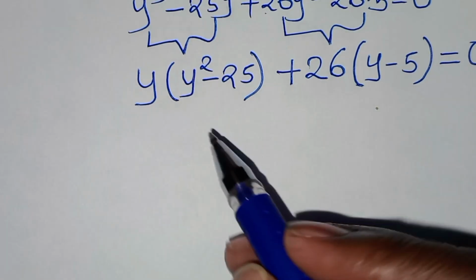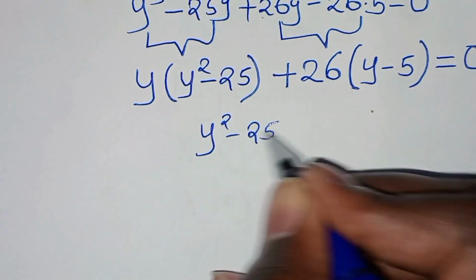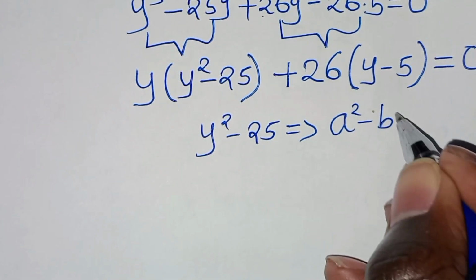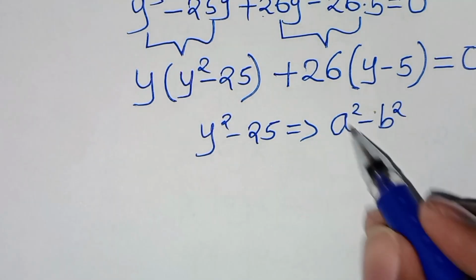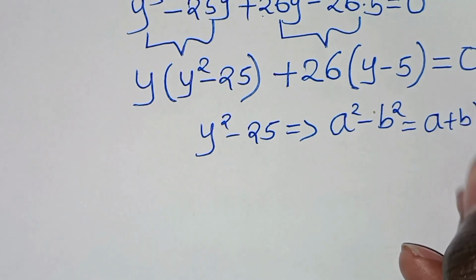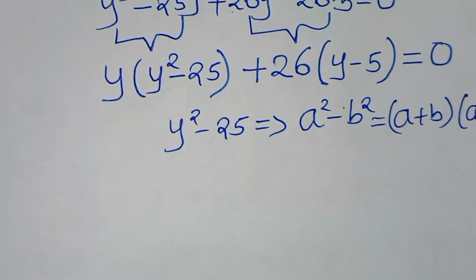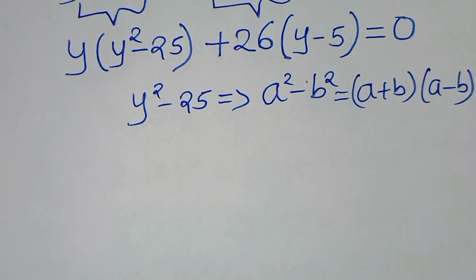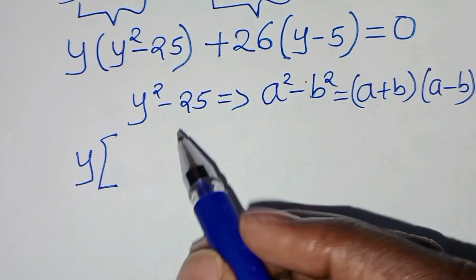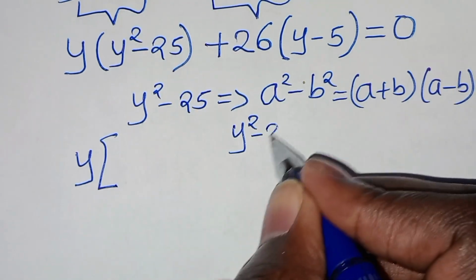The next step from here, we have y squared minus 25. This is actually in the form of a squared minus b squared. This is the difference of two squares, which we can express as a plus b, a minus b. Now, this implies that we have y into the parentheses, y squared minus 25.